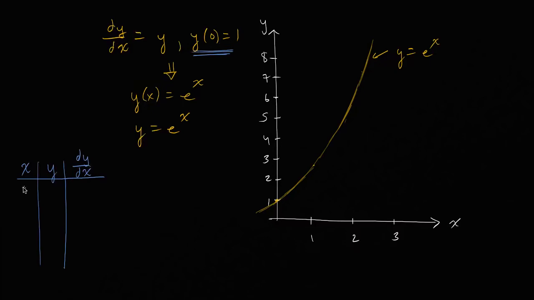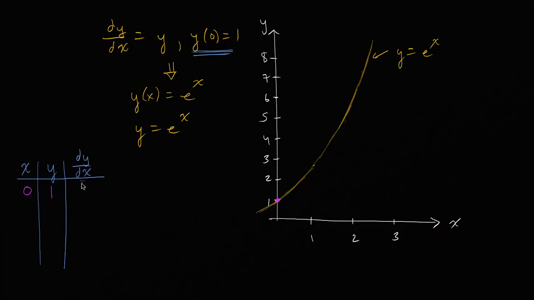So we're going to start with x is equal to 0, and let me do this in a different color. We're going to start with x is equal to 0, y is equal to 1, which is that point right over there. And we're going to say, well, what is the derivative at that point? Well, we know that for any solution to this differential equation, the derivative is going to be equal to the y value.